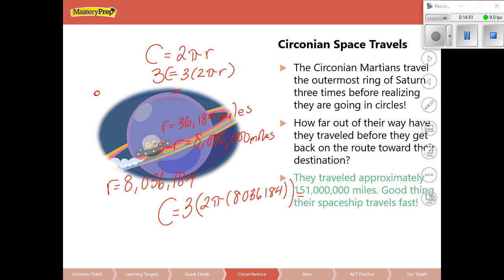With the pi, if we calculate pi in, we get 151,401,706.6, or approximately 151 million miles. And as they say here, good thing their spaceship travels fast.